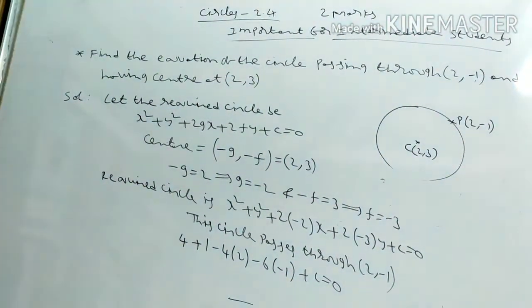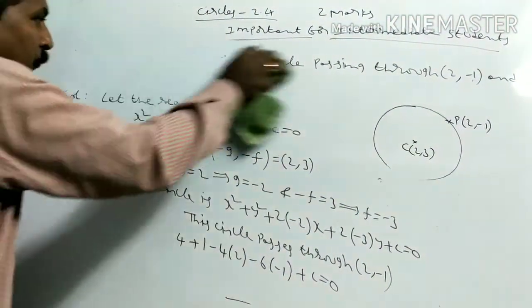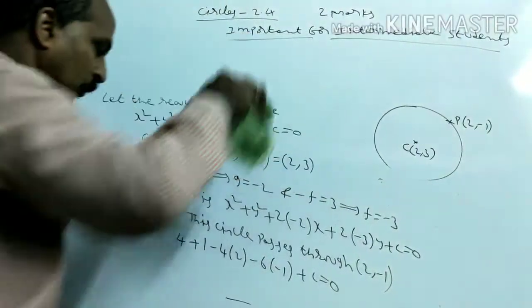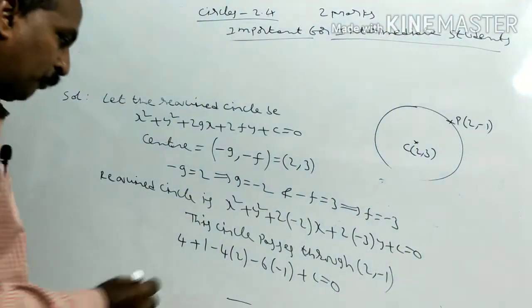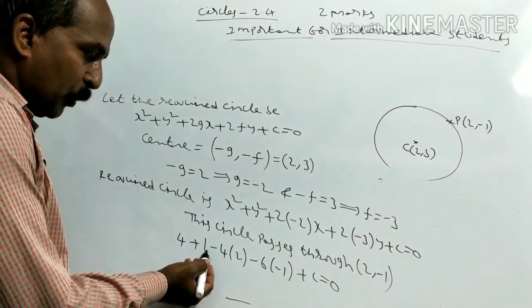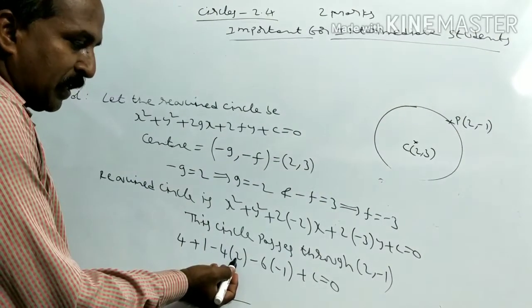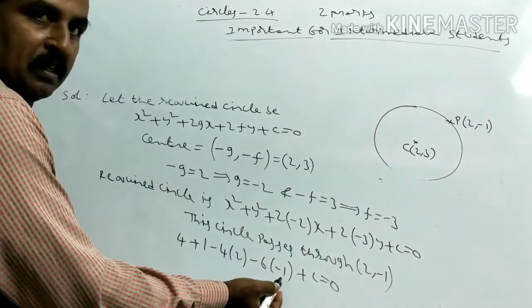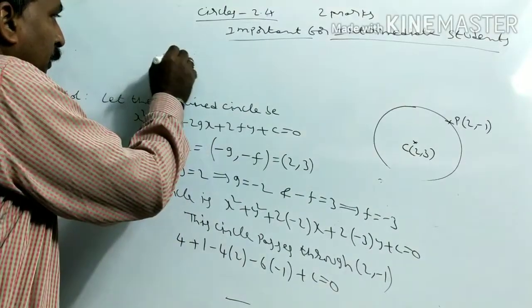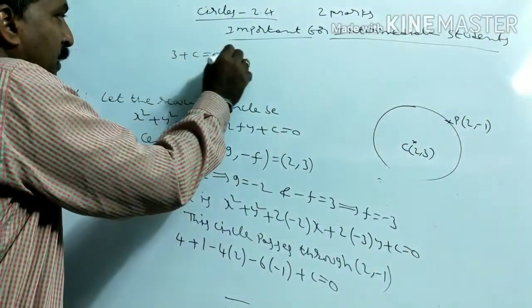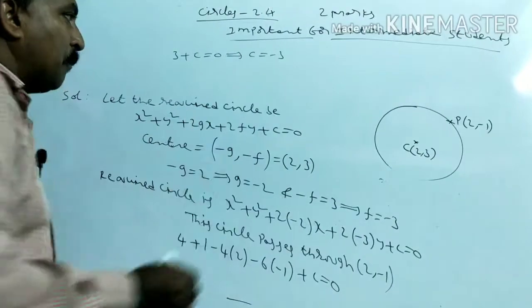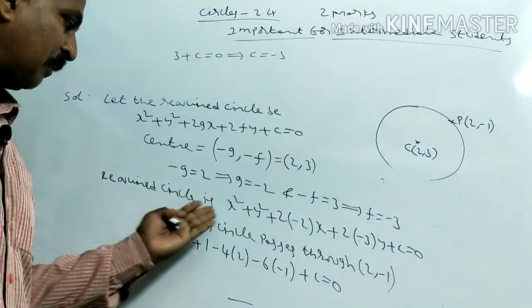So 4 plus 1 is 5, 5 minus 8 is -3, plus 6 is 3, 3 plus c equal to 0, which implies c equal to -3. Put c equal to -3 in the required circle.